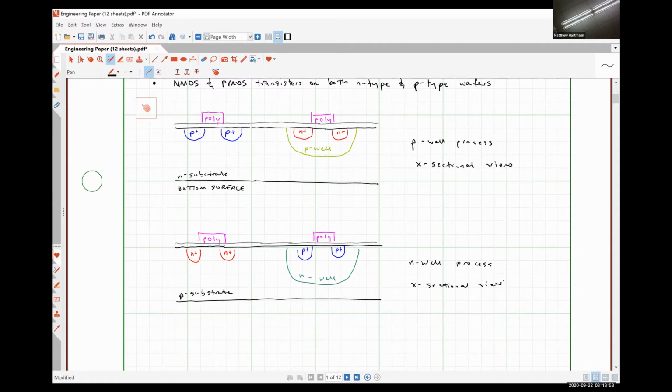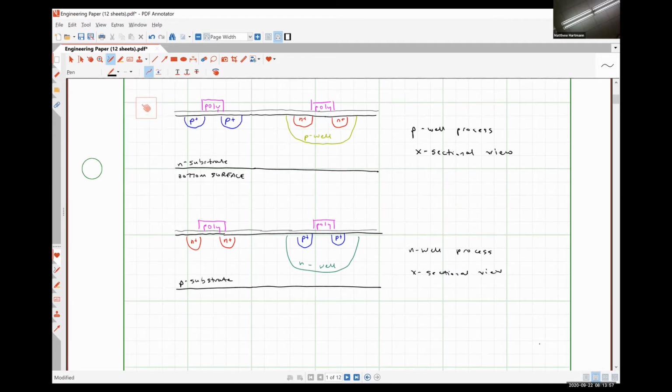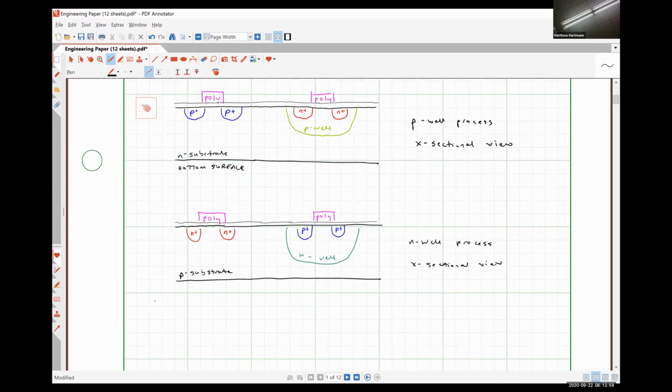Alrighty, so the P-type wafers are the ones that are most commonly used in industry.